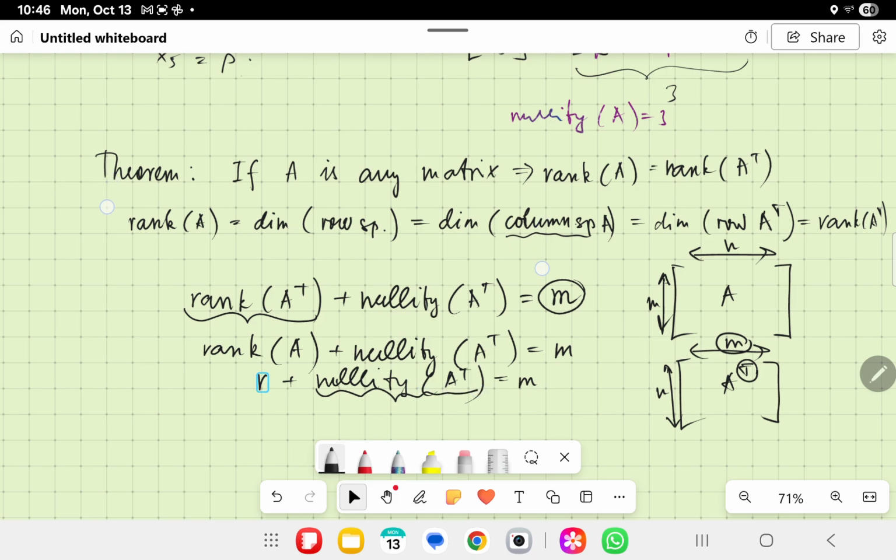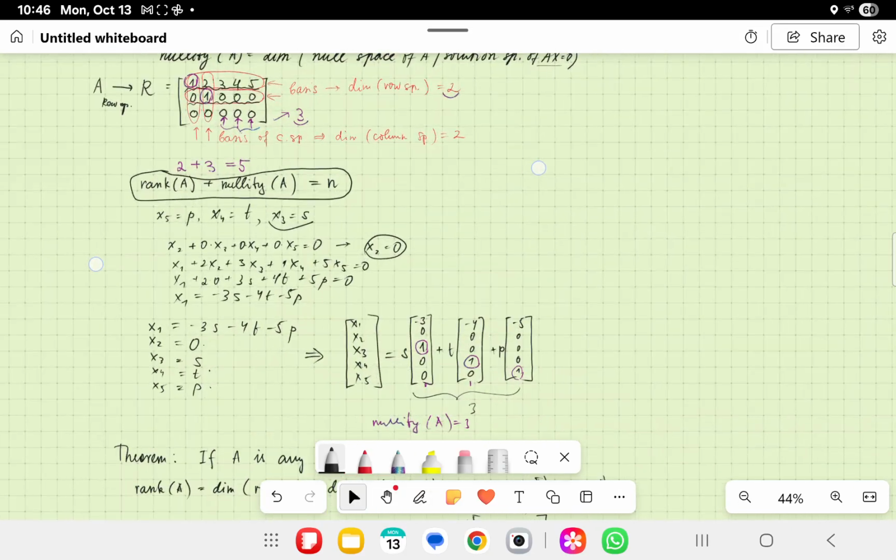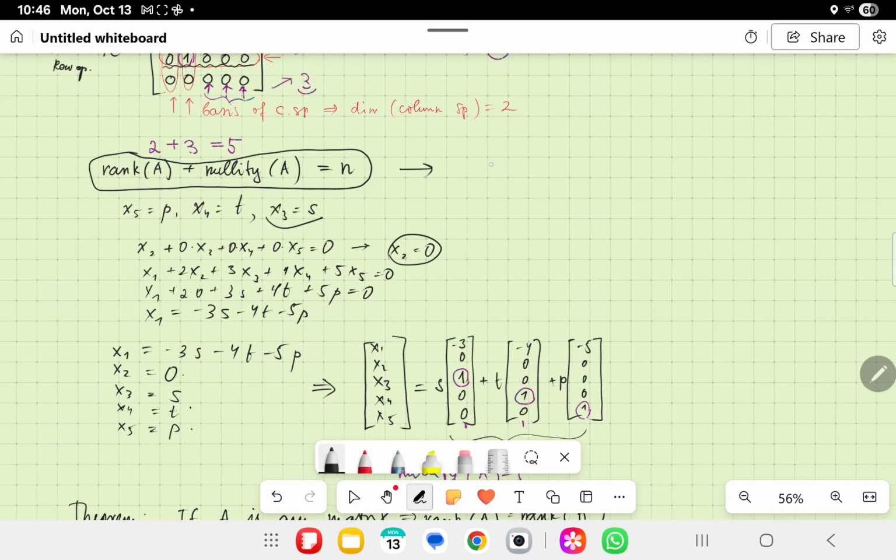If you look over here, nullity of the original matrix is n minus rank. So nullity of A transpose is m minus rank. This is just some accounting for matrix spaces. Okay.